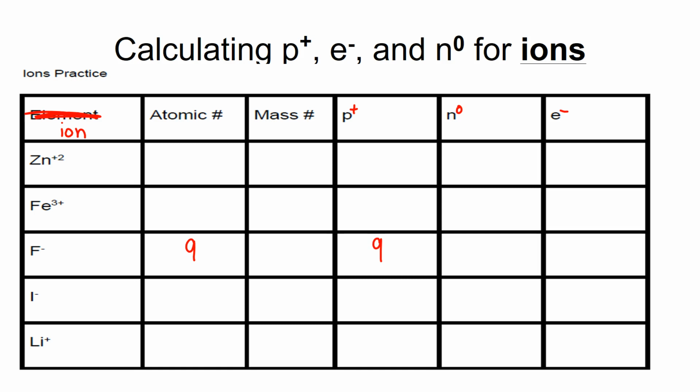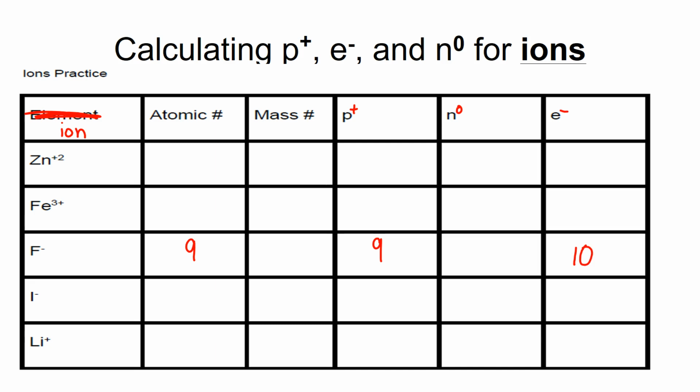Now, the other thing that I see is that fluorine has a negative charge right here, just a singular negative charge. So what does that tell me about the number of electrons? It's going to be one more electron than proton, right? So that means that I have 10 electrons because I gained an electron.